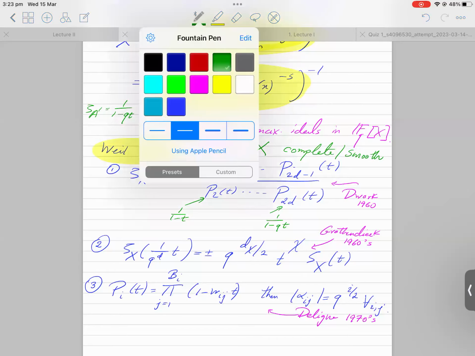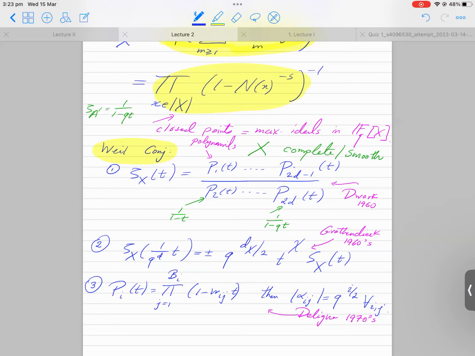Okay, so let me end by answering what this b_i is, because that's exactly the question Graham asked. What is the degree of these polynomials that occur? This is the exact thing that electrified the mathematical community when they first saw these conjectures.